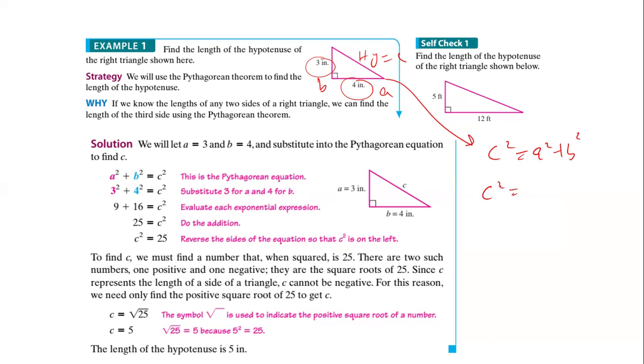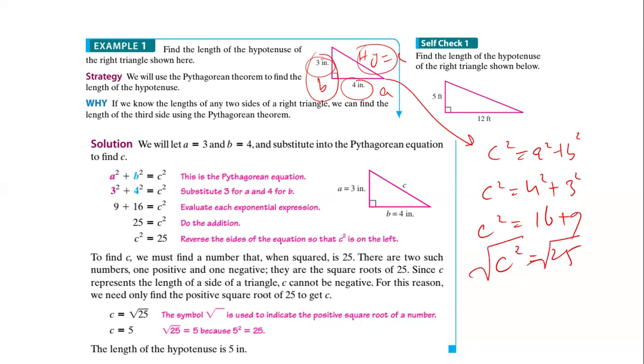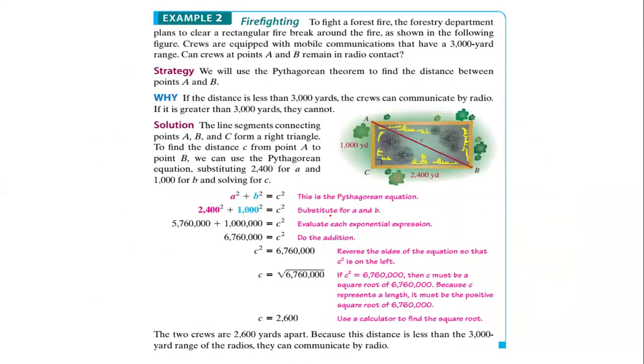We do not have the value of C square, and A is 4 square plus B is 3 square. C square is equal to 16 plus 9. C square is equal to 25, and we are interested in C. C is 5. Here we have the calculation and the solution. This is the application.